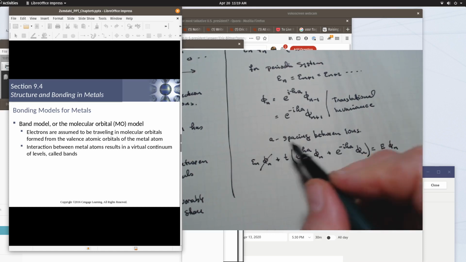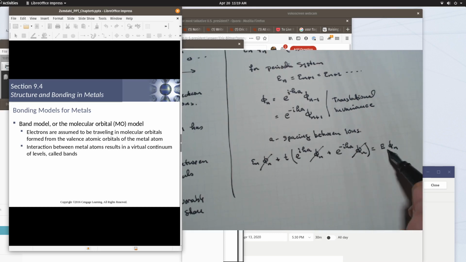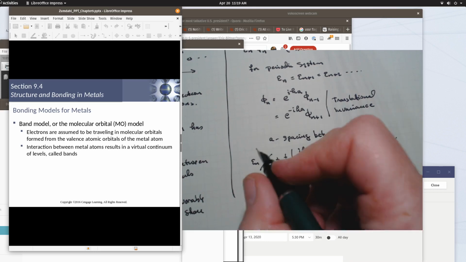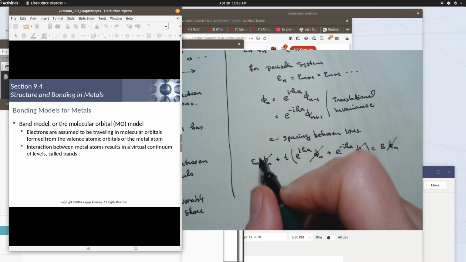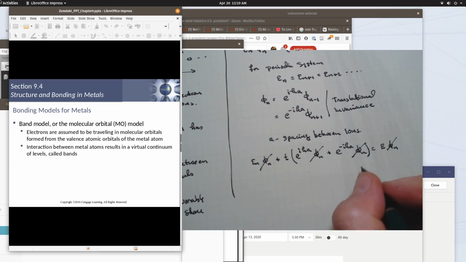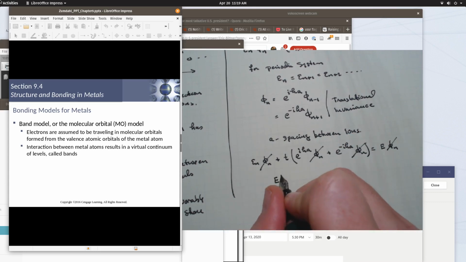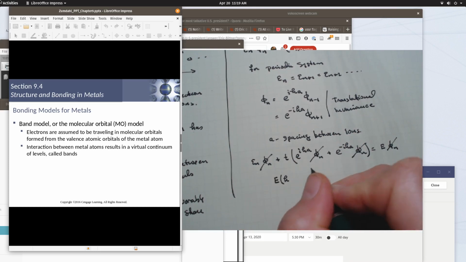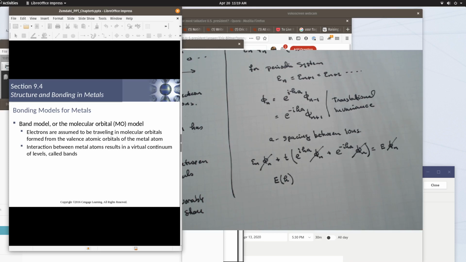Now you notice that this cancels, that cancels, that cancels, and that cancels. In fact, let's write this En as simply the energy to put it into any of the sites. So therefore, the energy as a function of k, which is the momentum, the wave number of the electron, is equal to E, the site energy, plus T times 2 cosine k a.